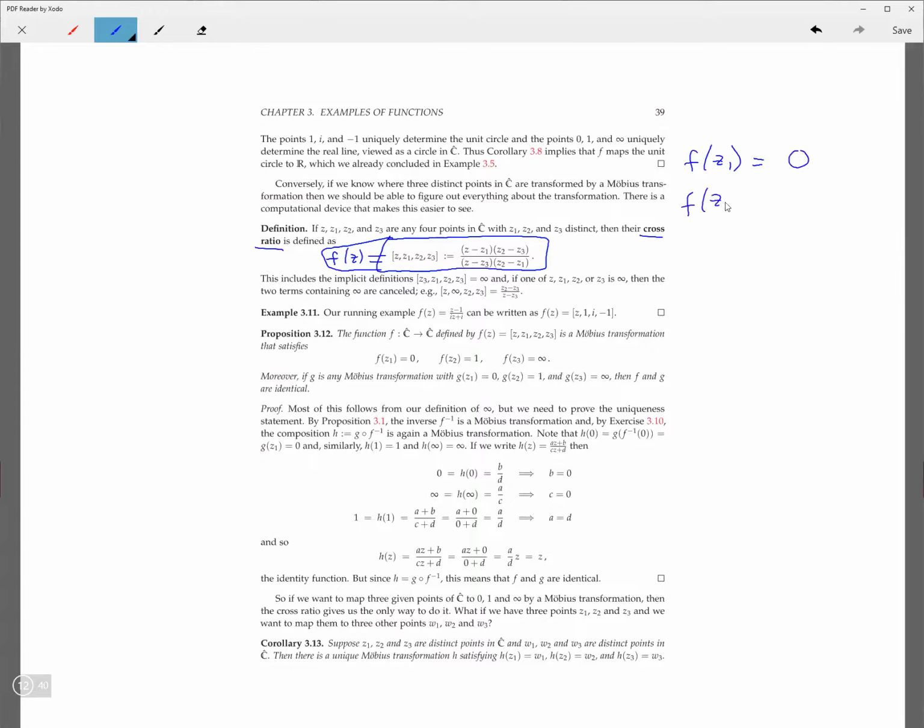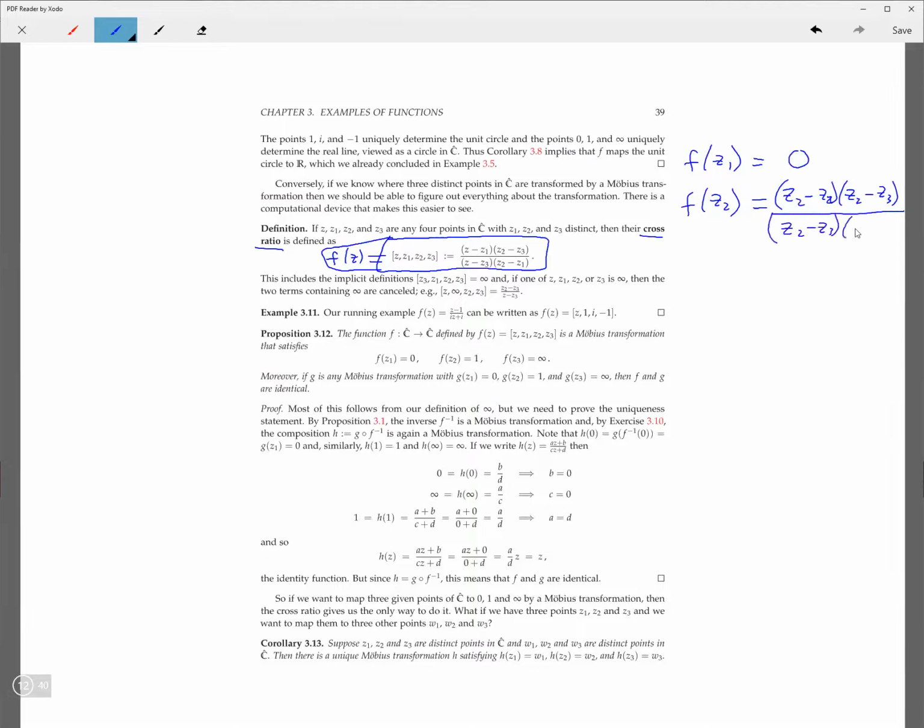If you plug in z2, what are you going to get? We plug z2 in right here. So we can write it out if you want. Since the denominator will be 0, it's going to be 1.